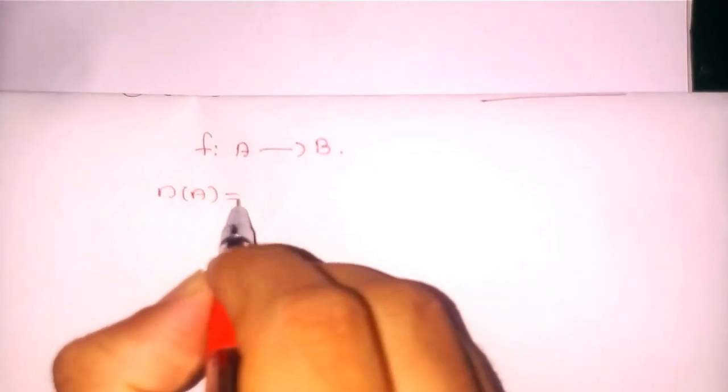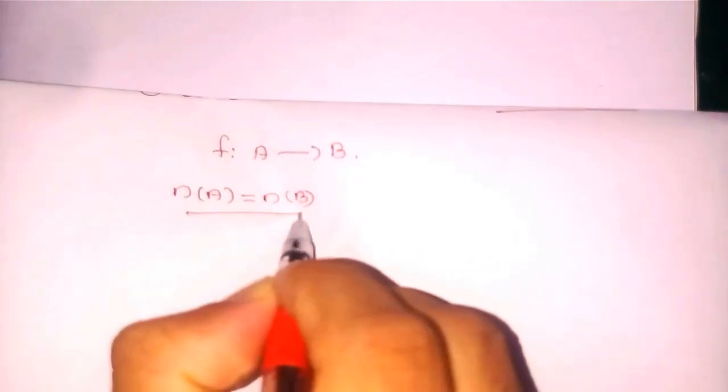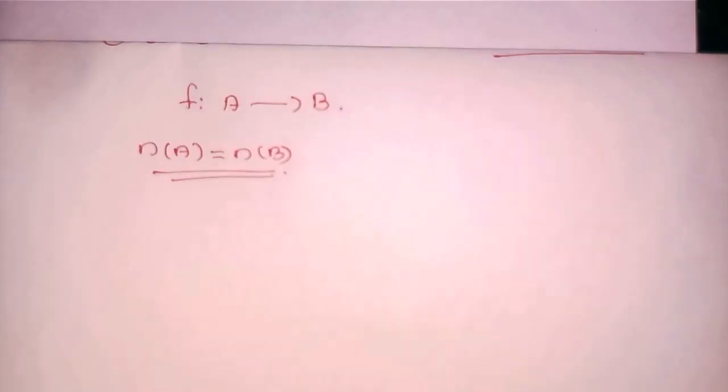From the above example, we can conclude one important condition for defining a bijective function. Suppose f is a function from A to B. If we want to define a bijective function from A to B, the number of elements of A and the number of elements of B should be equal.